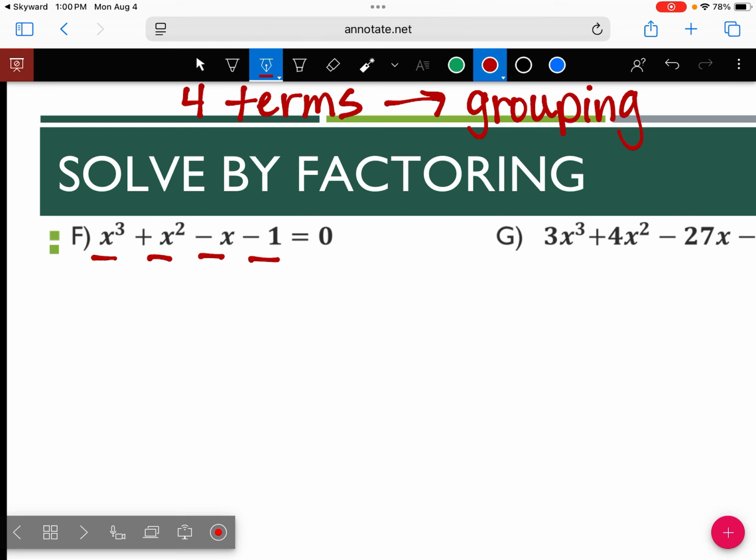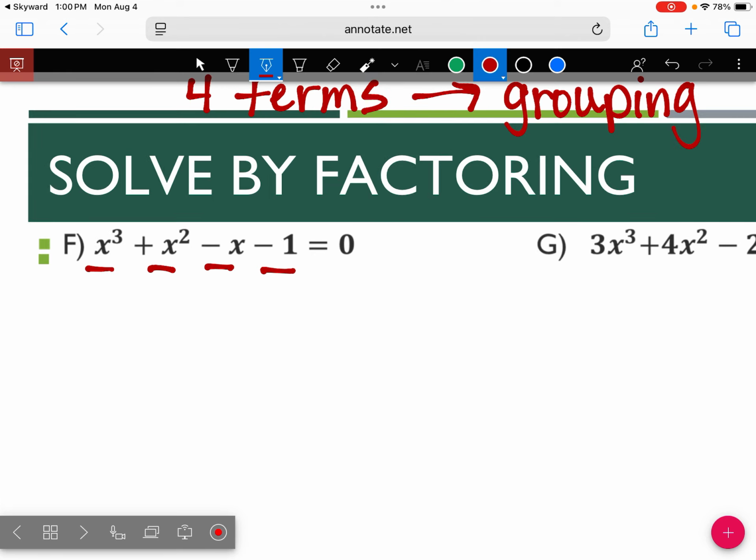Where you go 4, 3, 2, like the powers, right? Oh yeah, okay, I can see that it does go backwards. That's a good way to look at it, because it goes 3, 2, 1, 0. I like that. That's another way to know that it's grouping, because your powers are going down.